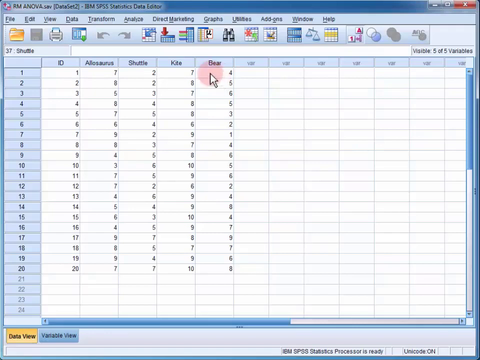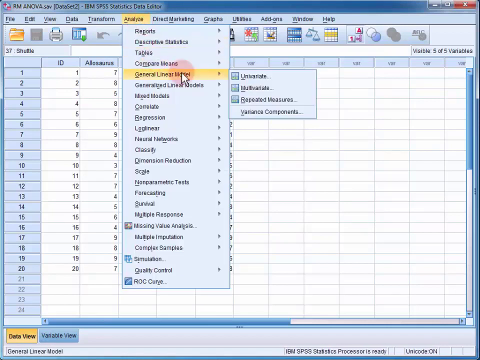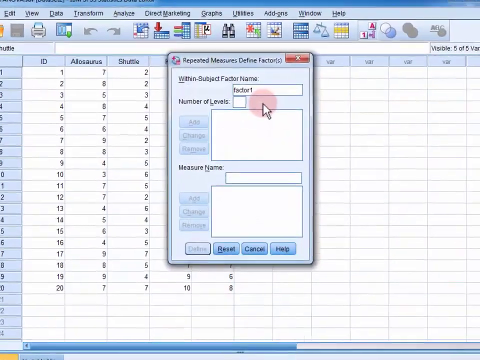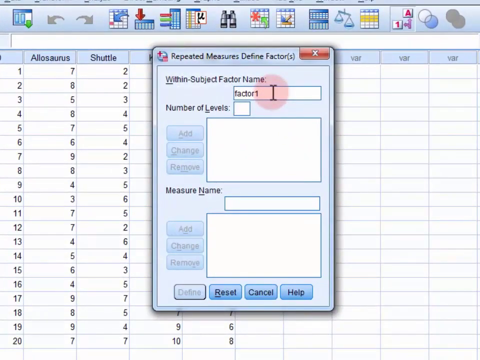To conduct the repeated measures ANOVA, we go to the Analyze menu, General Linear Model, Repeated Measures. First, we want to enter the name of our independent variable, toy, into the within-subject factor name.